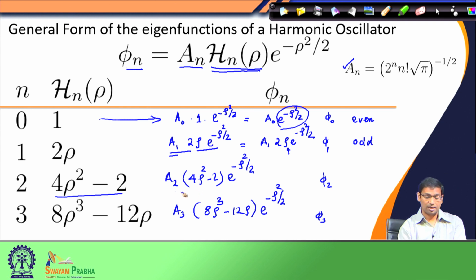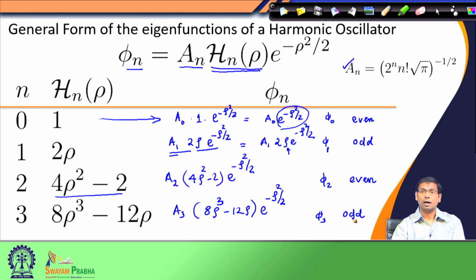You would see that phi 2 has 4 rho square minus 2, and this polynomial 4 rho square minus 2 is even. So, therefore, phi 2 is an even function, and phi 3 you can see for yourself is again an odd function.